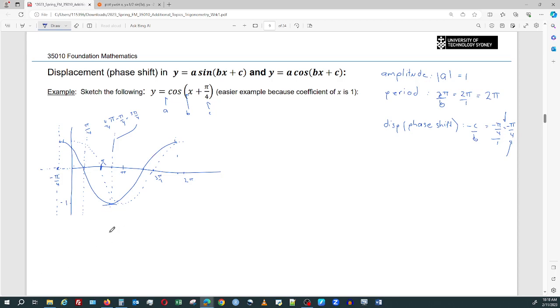That's no problem. At 3 pi on 4 we've got negative 1. Then you can do your minus pi on 4, we have a 1. Or you can put it in ordered pairs, in terms of x and y, if you want to do it that way. Either way, just build up your intuition.